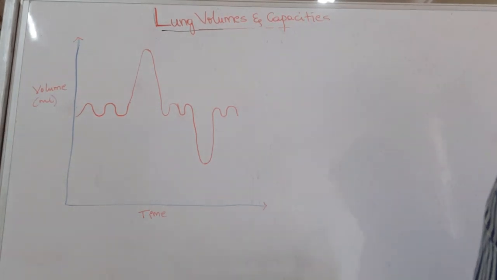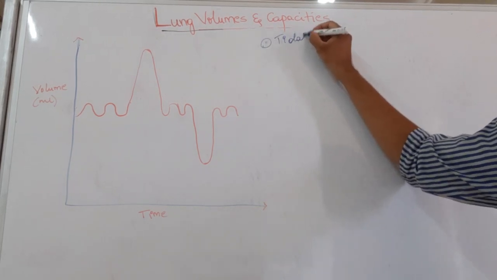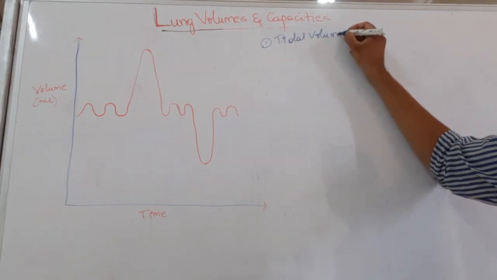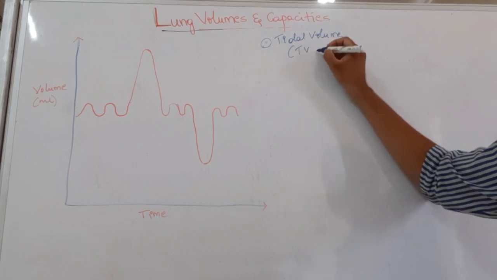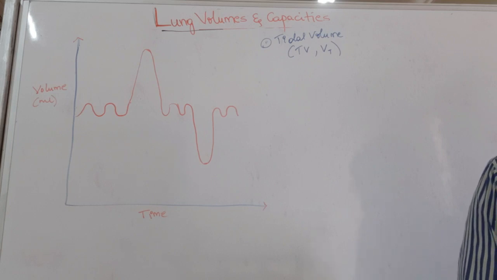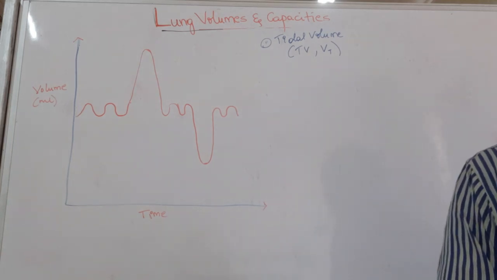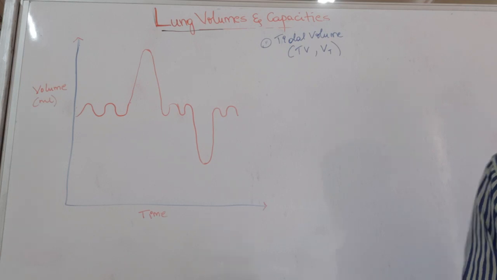In the static lung volumes, the first volume that is described is tidal volume, TV, also represented as VT. It is the amount of air that moves in and out during a respiratory cycle.